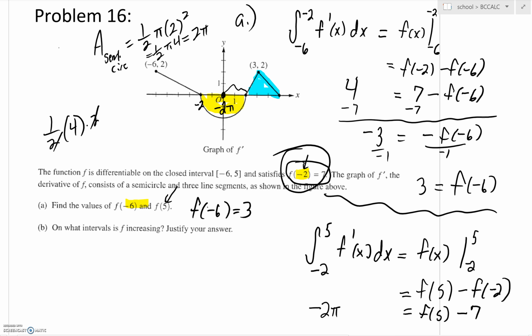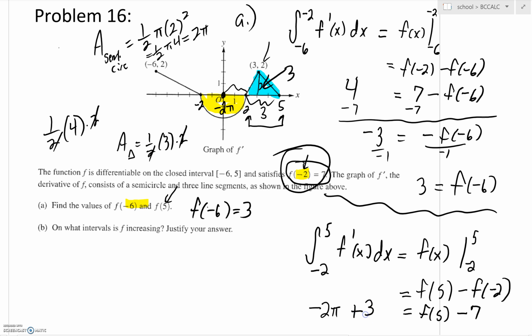Then I've got my blue triangle here, and I'm going from 2 to 5. Well, what's the distance from 2 to 5? We can subtract. 5 minus 2 is 3. So my base is 3. My height is a 2. So the area of this triangle is 1/2, base of 3, height of 2. That's just going to be a 3. So this is a positive 3.